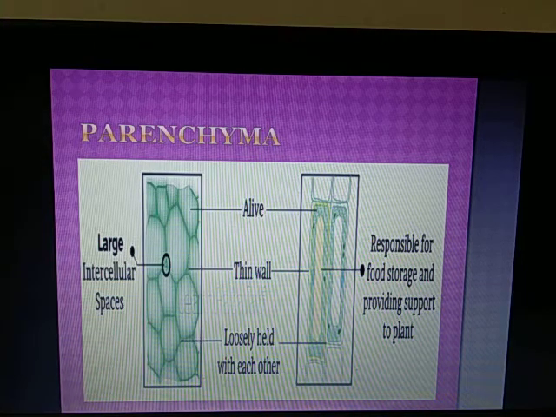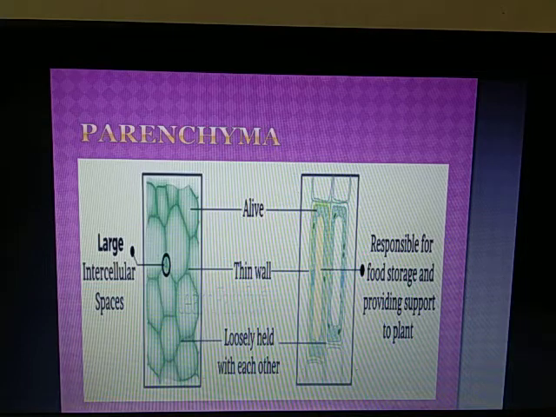Now what is the function of the parenchyma? Parenchyma can store and assimilate food. If chlorophyll is present, it is chlorenchyma and it helps in photosynthesis, as well as storing and assimilating food.